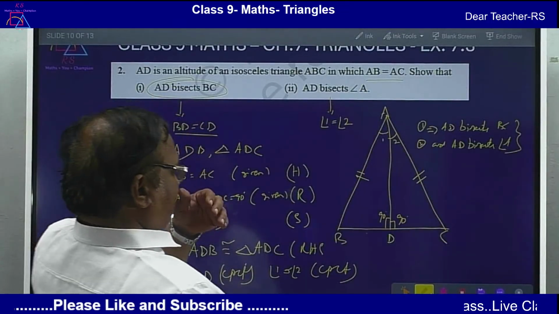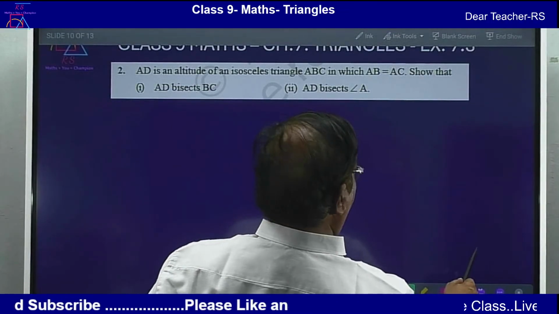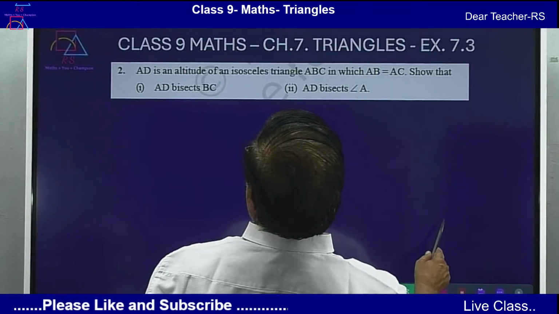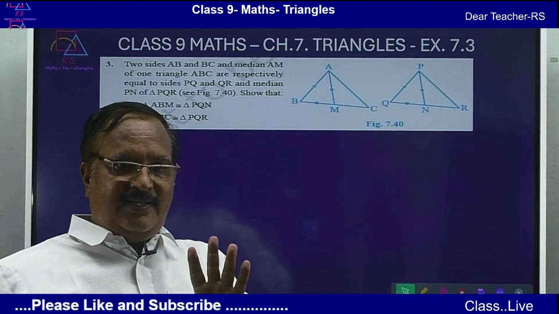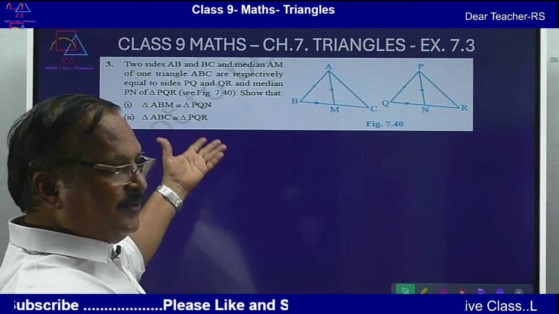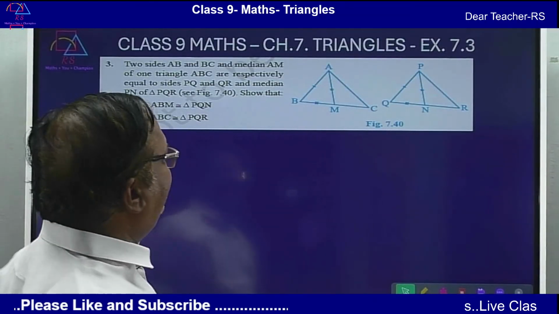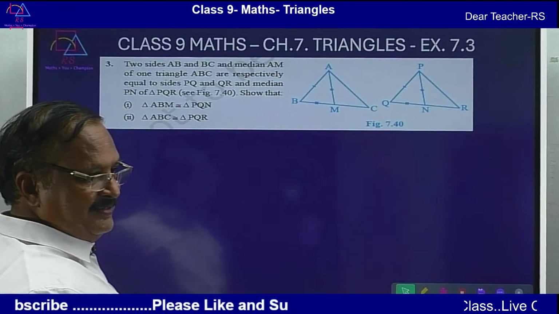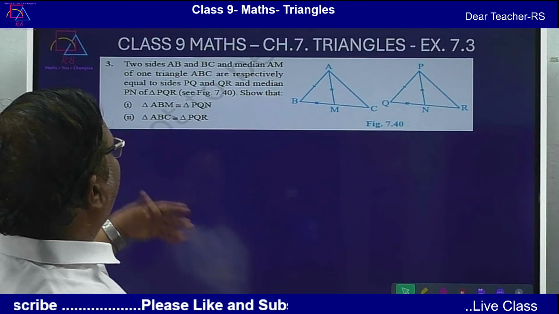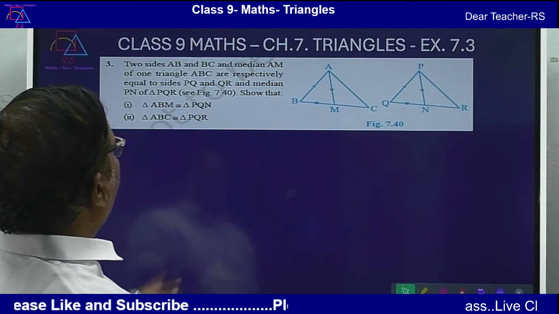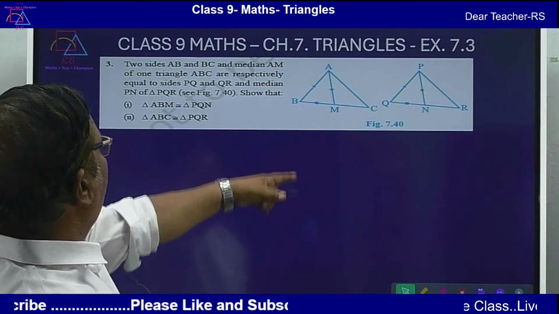So next. Third question. Only 5 questions are there. Now second question is like isosceles triangle only. The figure is also given, 7.40.